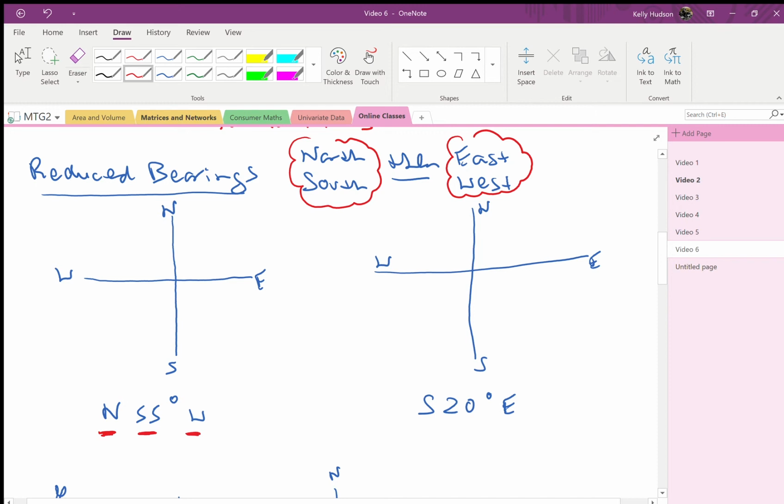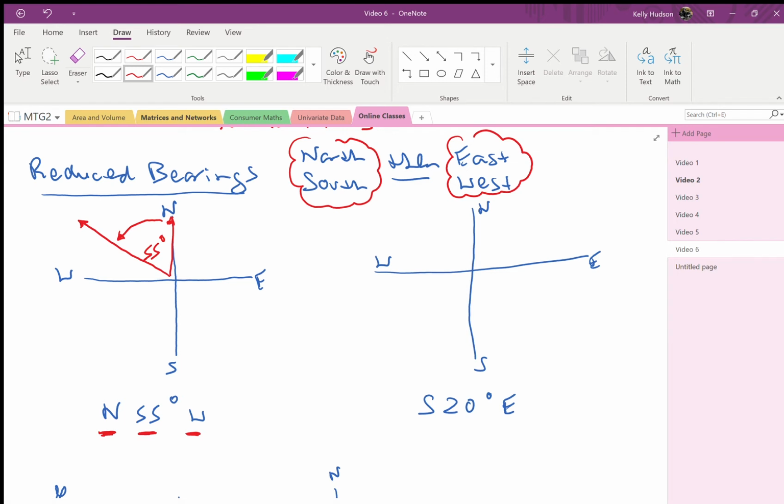So it's a little bit like a statement: head in the northerly direction, so head north, but then swing towards the west 55 degrees. So I swing towards the west, around, and I end up with my bearing there of 55 degrees.